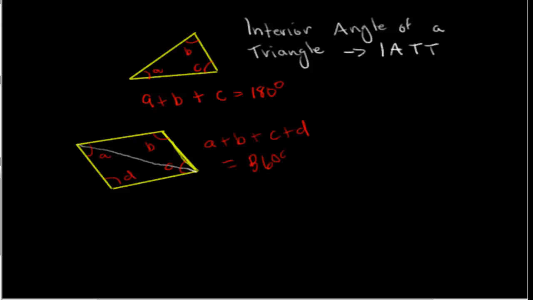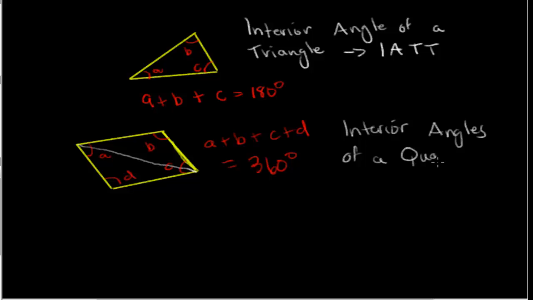That's not very good. I'll redo that one. Equals 360 degrees. So we end up with the interior angles of a quadrilateral theory, IAQT. Okay?